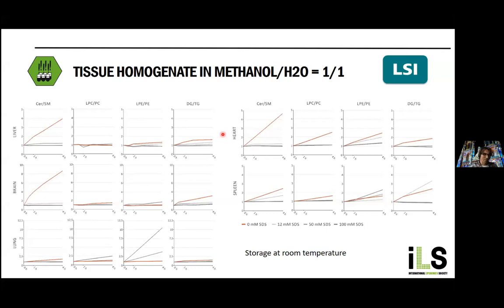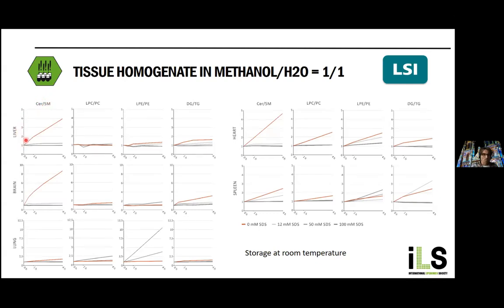They were repeatedly freeze-thawed, and for ceramide, it was liver homogenates. They were quite off, despite the fact that we kept them cold. This was a bit of a surprise, because we thought 50% methanol stabilizes samples somehow, but it does not.